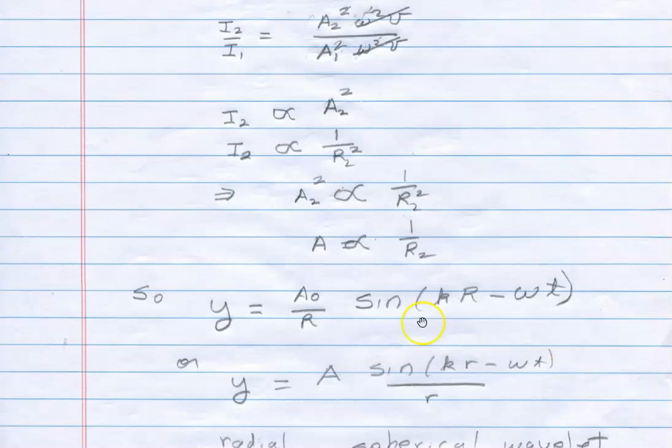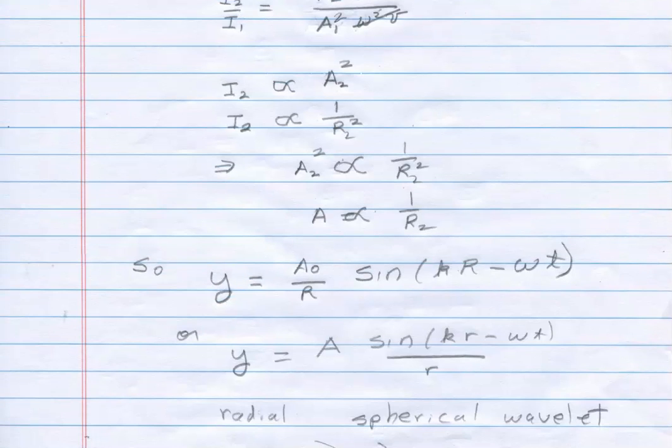And that's what we'll do. If I'm at a distance capital R away from the source of the light, then it's sinusoidal. I've got the propagating wave, k times the distance minus omega t. Could be plus or minus in general, but right now we're looking at outgoing waves.